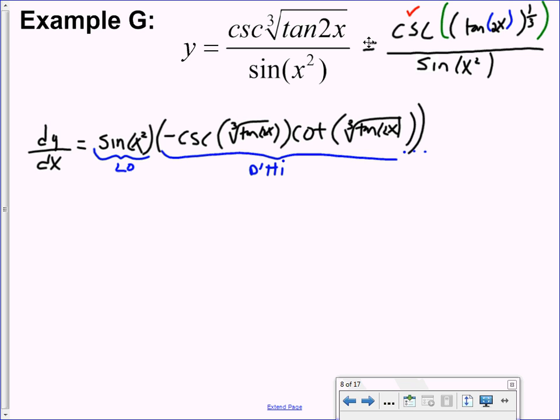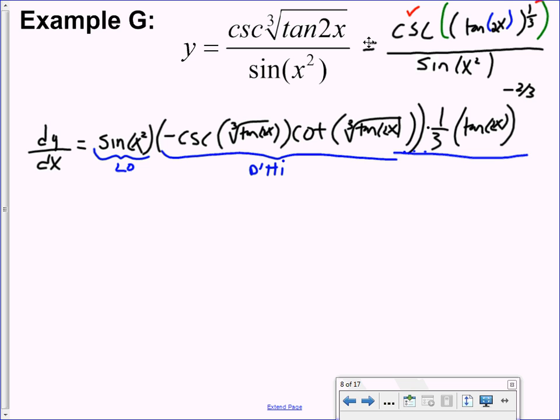The next, working our way in, the next function is to the 1/3. So to take the derivative of something to the third, it's 1/3, keep the inside alone, the same, to the negative 2/3. The tan of 2x stays inside. So we've taken the derivative of that layer. We're still multiplying, we're still taking d high, right?